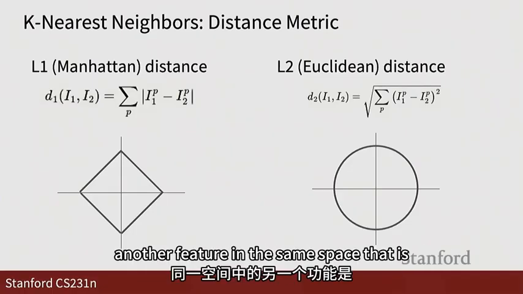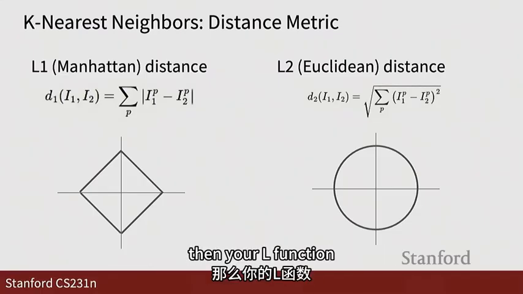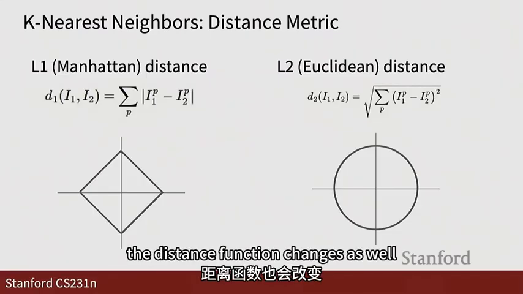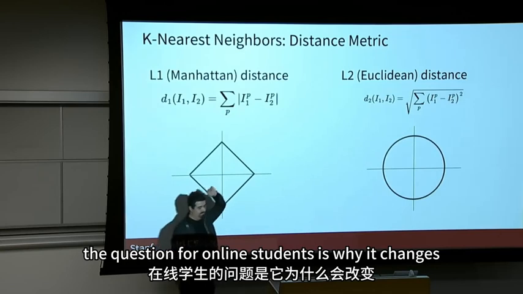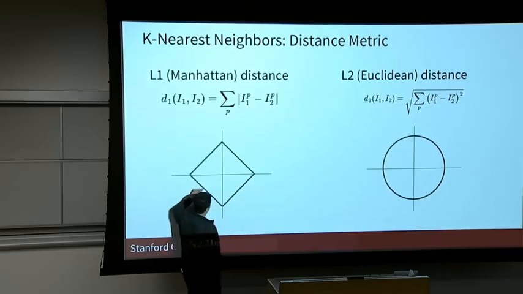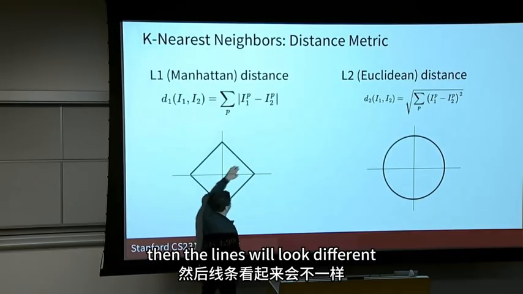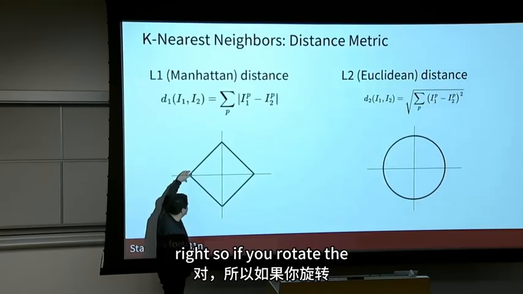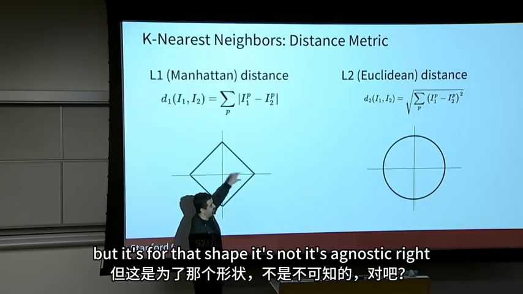If you select another feature in the same space that creates a different shape, then your distance function changes as well. So if I draw the lines here, again, the question for online students is why it changes if we rotate. If I select another feature that goes from this side, right, then the lines will look different, right? So if you rotate this thing, but for that shape, it's agnostic, right?